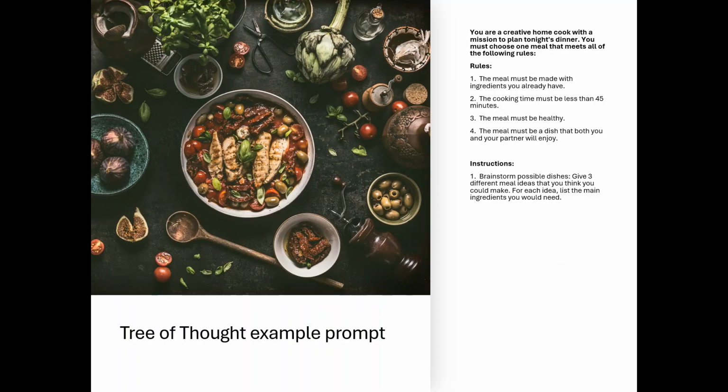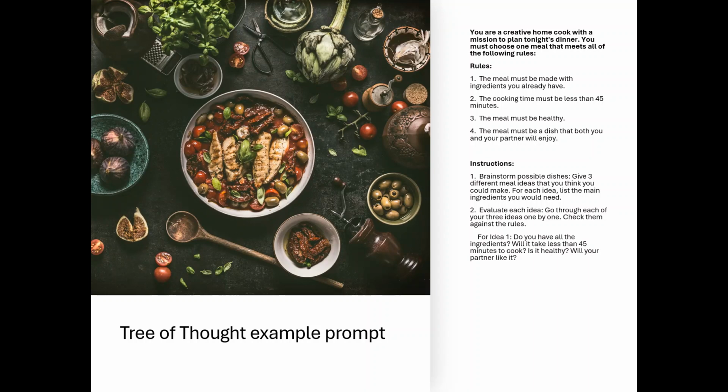So please brainstorm possible dishes. Give me 3 different meal ideas that you think I could make. And for each idea, list the main ingredients that I would need, and evaluate each idea. Go through each of your 3 ideas one by one, and check them against the rules I've given you. And for your first idea, do you have all the ingredients?